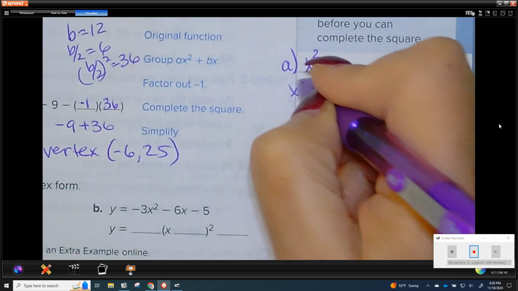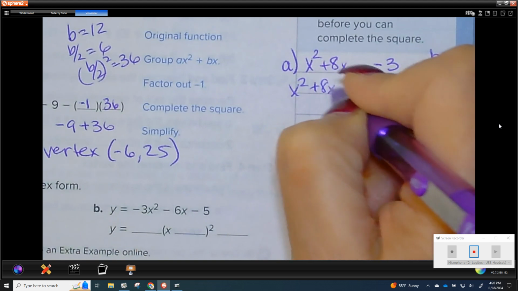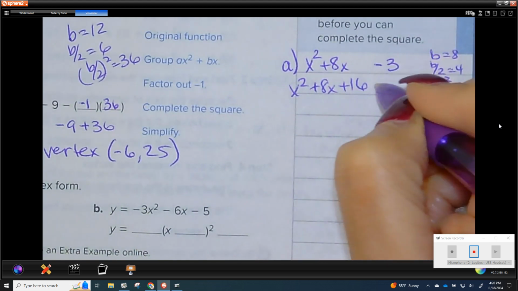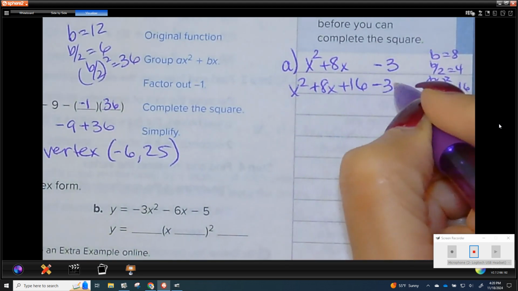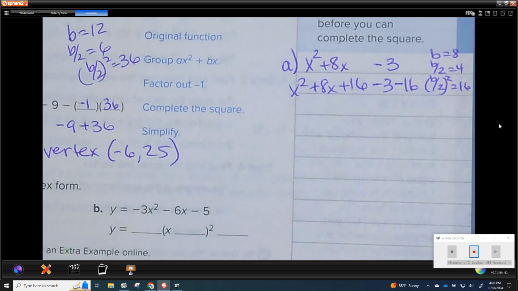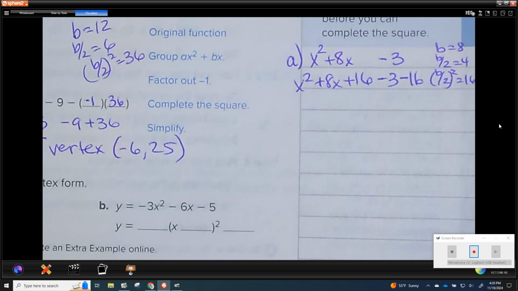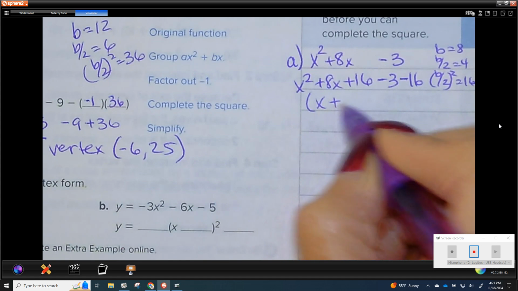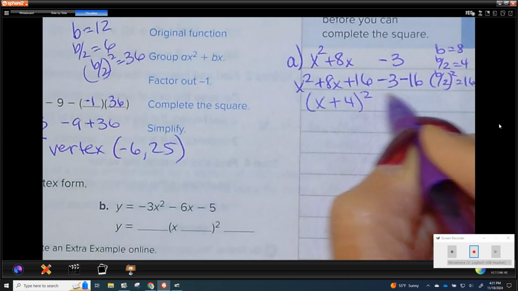So we're going to do x squared plus 8x plus 16. Then we have the minus 3. Since we added 16, we want to also take away 16. 16, subtract it. So 16 minus 16, we're not changing it, we're just adding 0. This factors to x plus half of b squared, and this is negative 19.